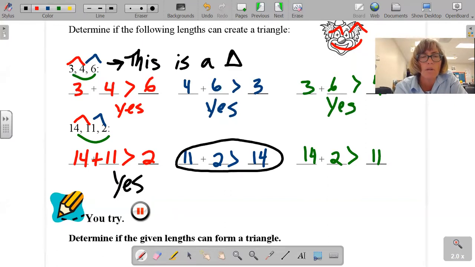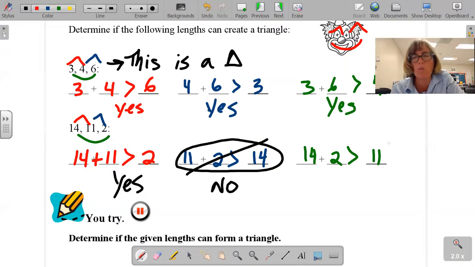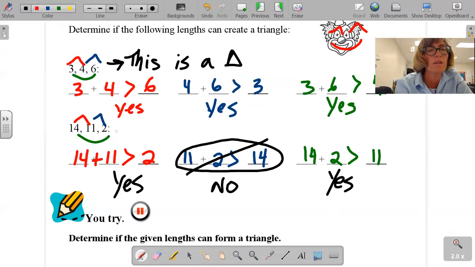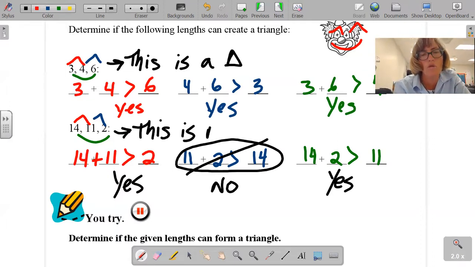Wait a minute here. That one is a no. 14 plus 2 bigger than 11, of course 16, that would be a yes. But because I get one no here, this is not a triangle.